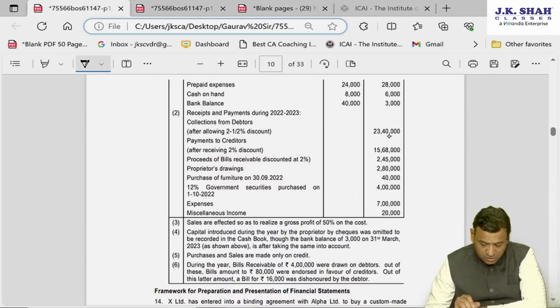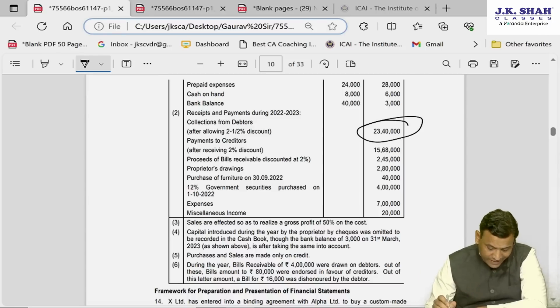Collection from debtors. So your entry will be cash account debit, discount account debit to debtors. This is the amount collected. 2340 is 97.5. 2.5 you can find out. Payment to creditors after receiving. So this is payment made. Creditors account debit to bank 1568 to discount, that is P&L.